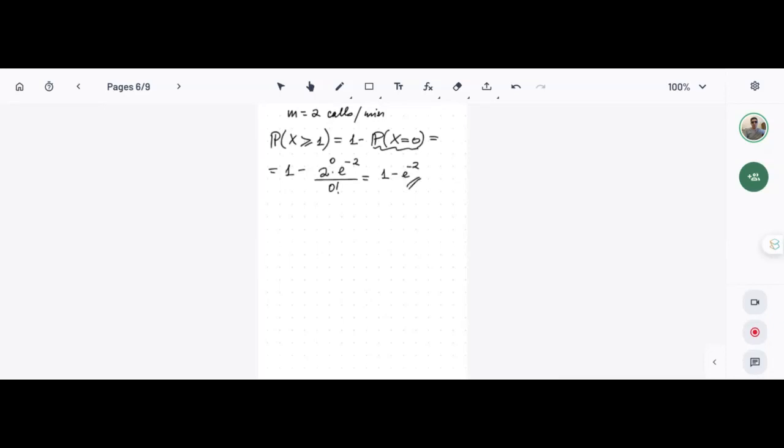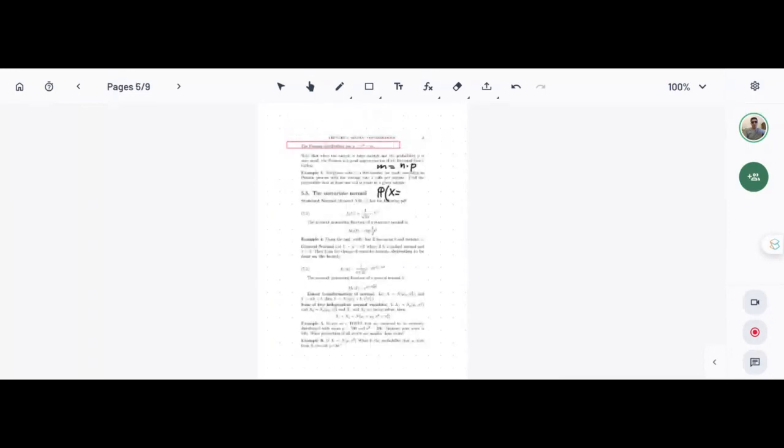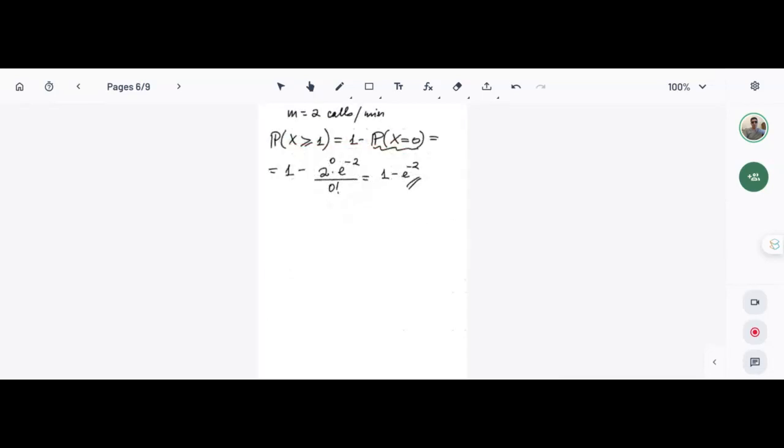And that is the probability of receiving at least 1 call in a given minute. That's all. And we know that the expectation of this random variable x is equal to its variance, and that is equal to the intensity parameter, m or lambda.